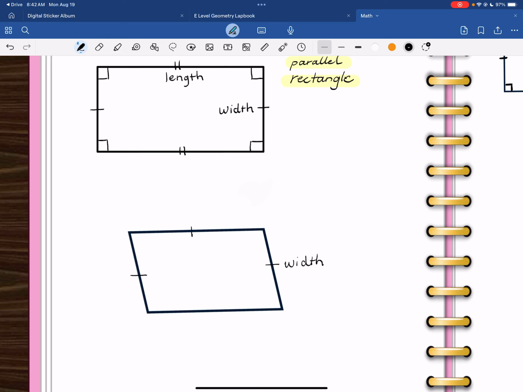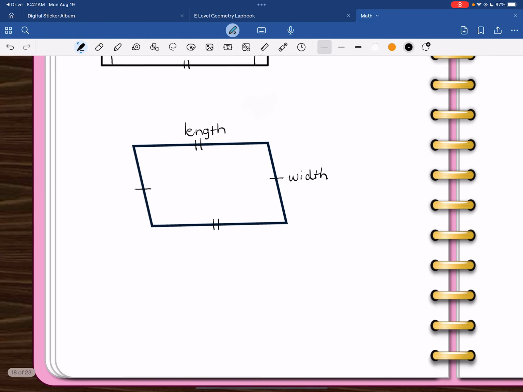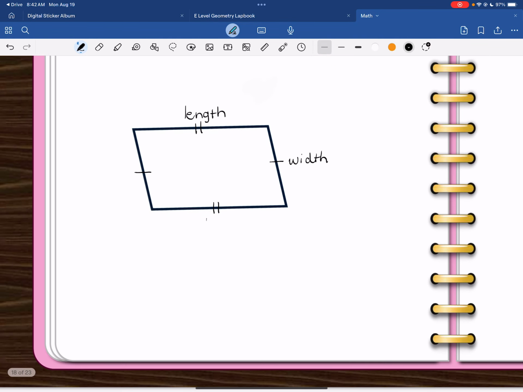I know that this one matches up to this one. That's length. And with parallelograms, instead of using the word length, you will usually see the word base, but those mean the same thing. The base of the parallelogram, and here's the word, parallel.